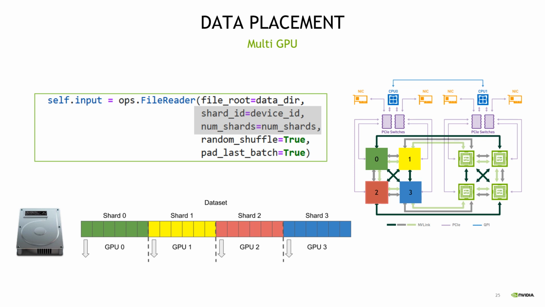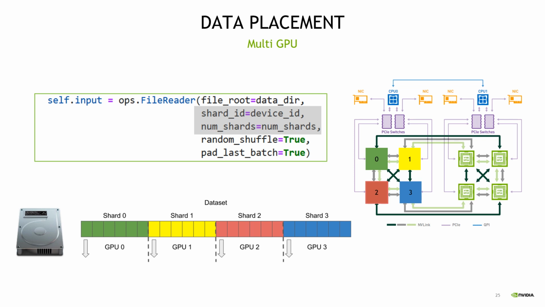So as you can see, if you have a data set, you might have 4 different shards because, for instance, you are using 4 GPUs to run the training on. And according to the colors, that specific shard will be assigned to a specific GPU. In this case, shard 0, green, will be placed on GPU number 0, and so on and so forth.